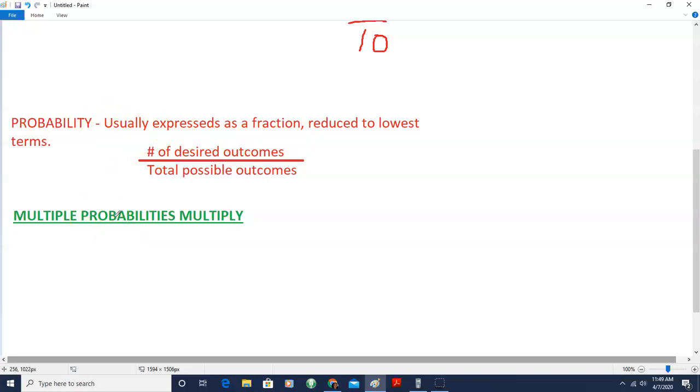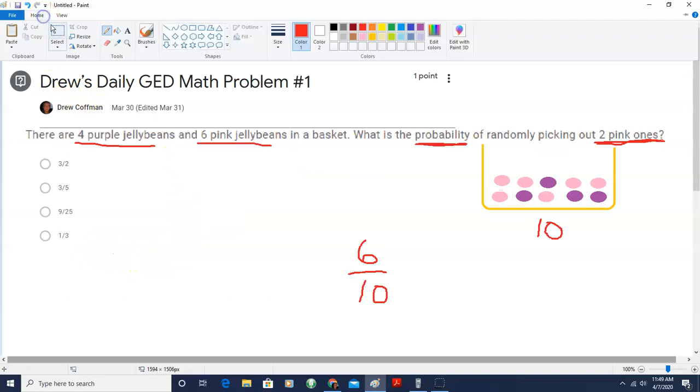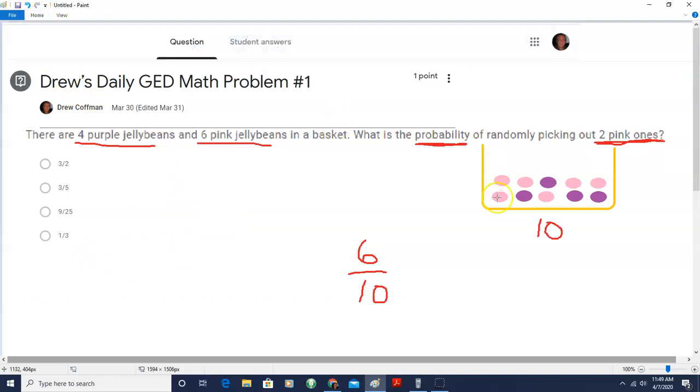We're going to write 2 in this particular case because we want to pick out 2 pink ones. So the first probability is our first pick of a pink one. We said that there were 6 possibilities out of 10. So that's our first fraction.